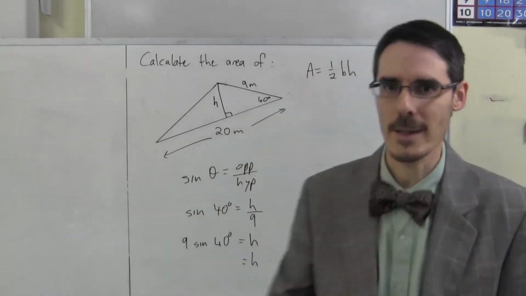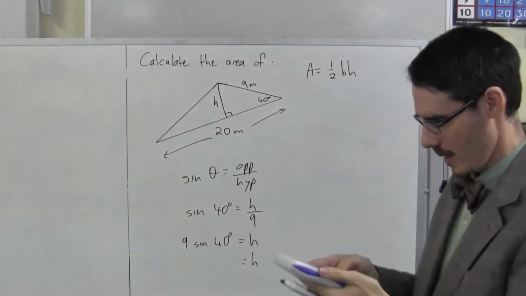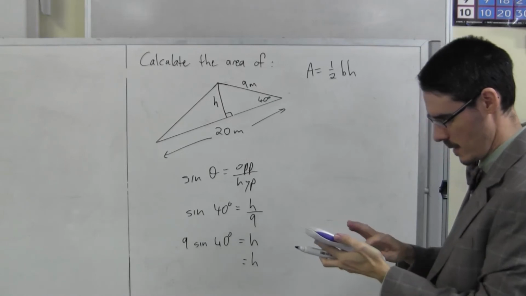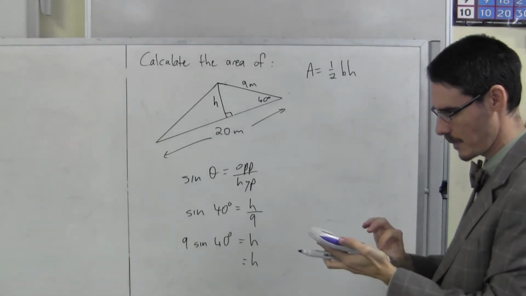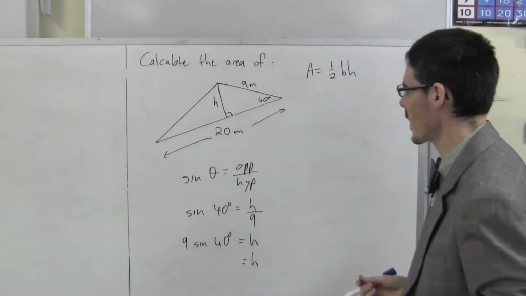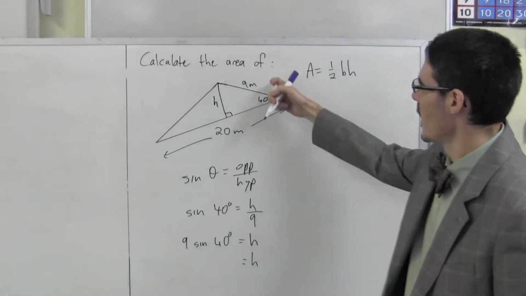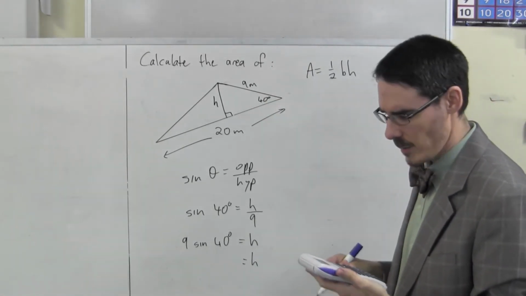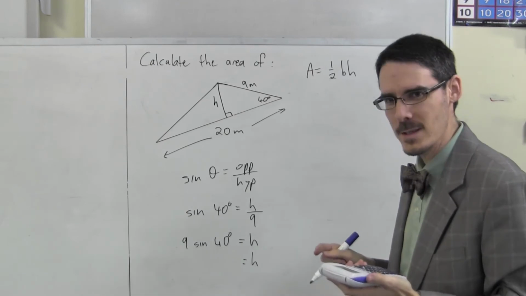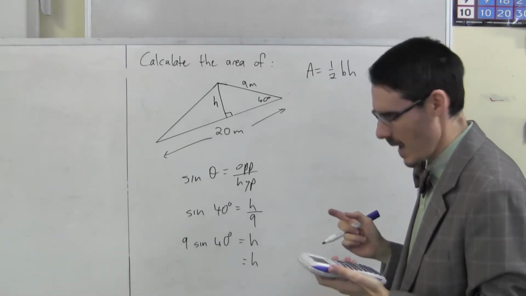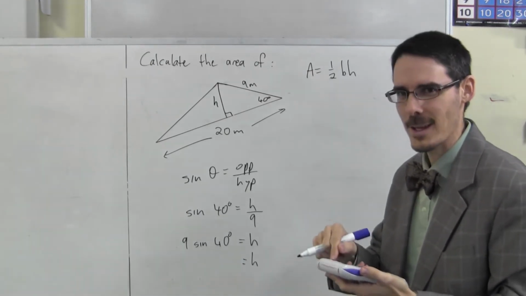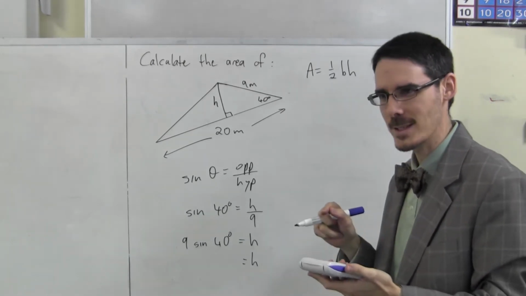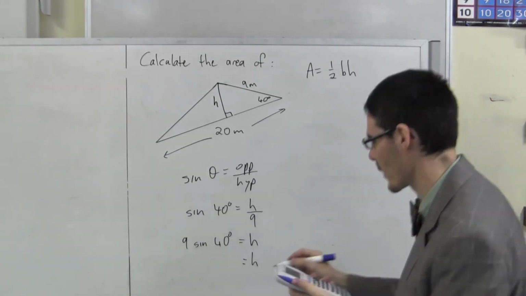Having got there, you need a calculator, and you go 9 sine 40. Oh, how much accuracy do I need? I've got metres here. I'm going to round this off to millimetres, but in fact, I'm not going to round it off in the calculator. I'm going to keep all those lovely decimal places for later in my calculator.